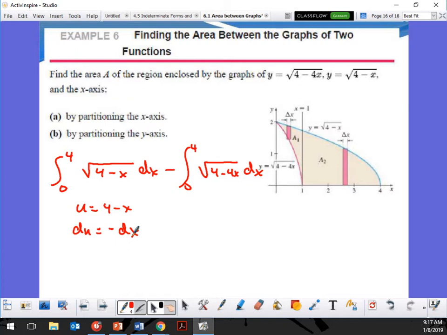So sub it out for a negative du. So it's going to be integration from 0 to 4 of negative u to the 1/2 du.